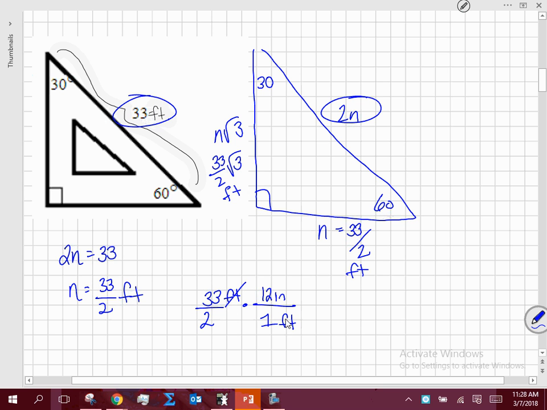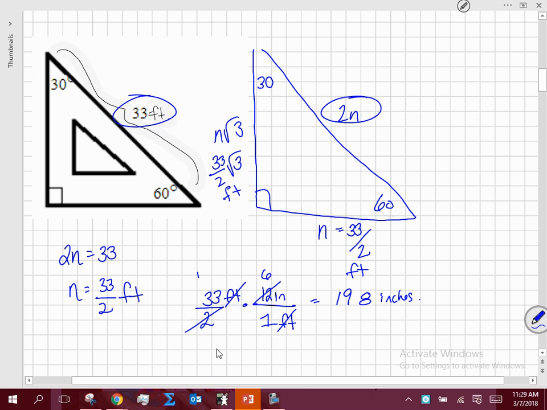The feet are going to cancel out, right? Does that 12 and that 2 cancel, leaving me 6? And the only thing left would be inches then, right? So it's 6 times 33. 6 times 3 is 18. Carry the 1. 6 times 3 again is 18 plus 1 would be 19. So 198 inches.